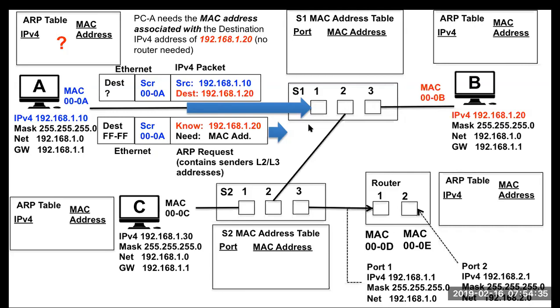So has it learned anything here? It examines the source MAC address. We're looking at the ARP request here. Remember, the packet is on hold. It examines the source MAC address and says, hey, I just learned that on my port 1 is 000A. There's the learning.